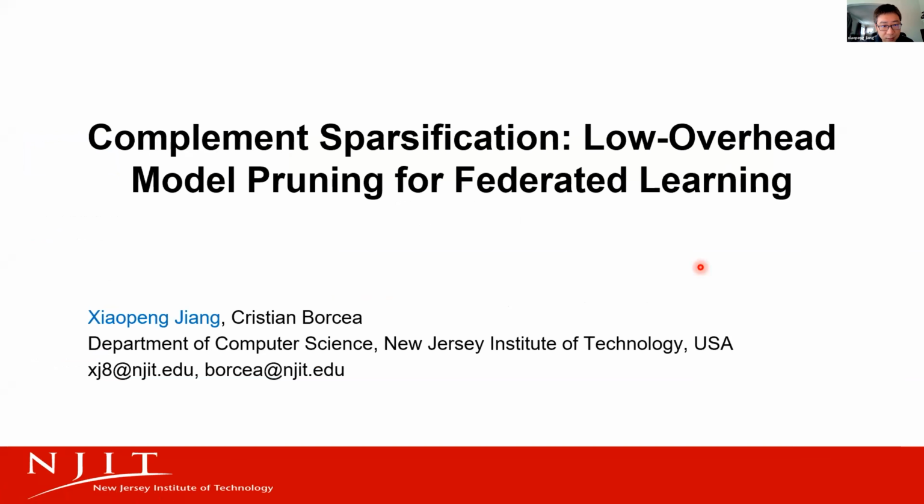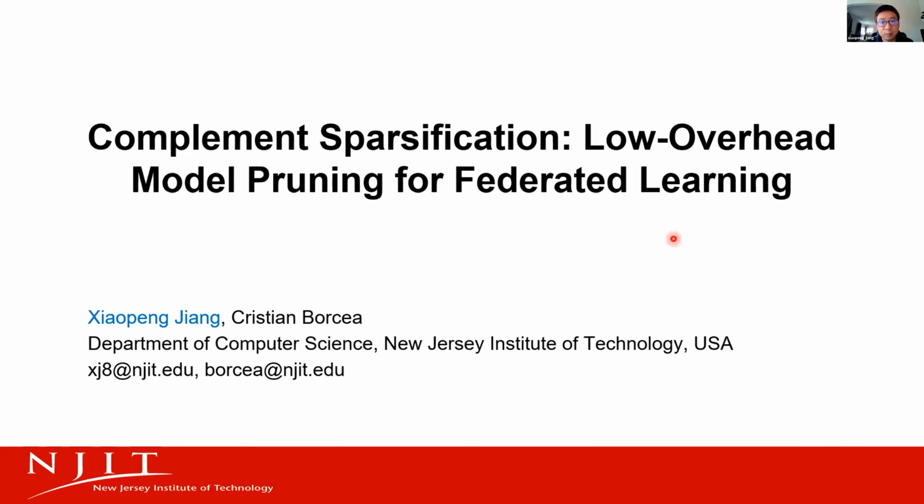So this is a paper I'm presenting, Complement Sparsification: Low Overhead Model Pruning for Federated Learning. This paper addresses the problem of model pruning for federated learning to achieve a low bidirectional communication overhead between the client and the server, and low computation overhead at the client, and achieve good model accuracy.